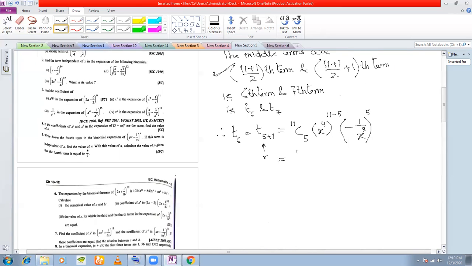You want to simplify: 11 into 10 into 9 into 8 into 7 divided by factorial 5. Factorial 5 means 5 into 4 into 3 into 2 into 1. Next you have x to the power of 4, which has been raised to the power of 11 minus 5, which is 6. And minus has been raised to an odd power, so I'll retain the minus sign and I will write minus of 1 by x cube to the power of 5.